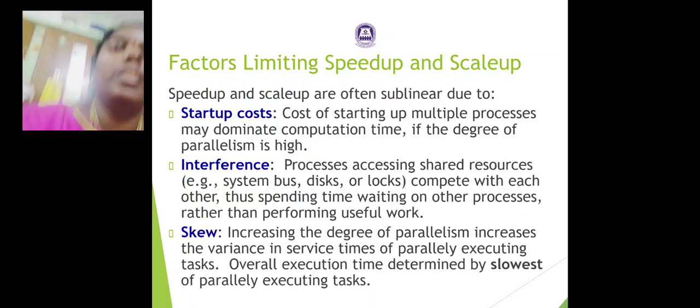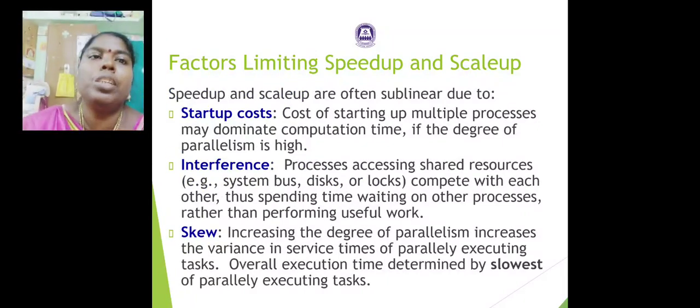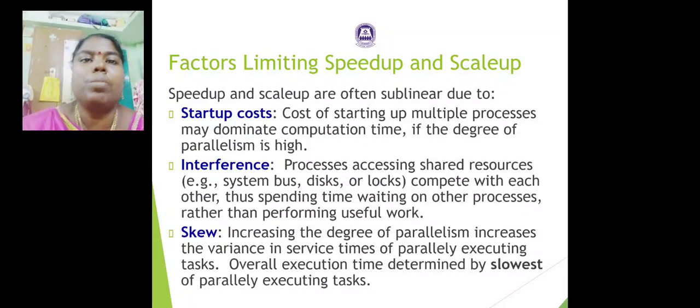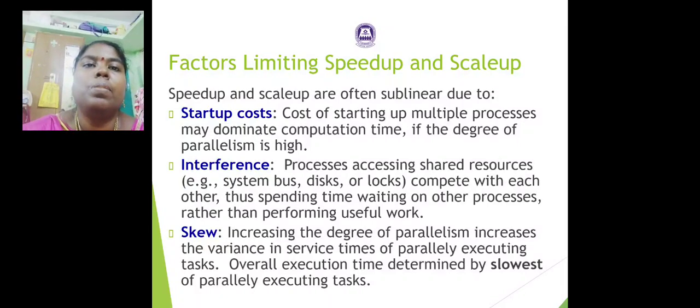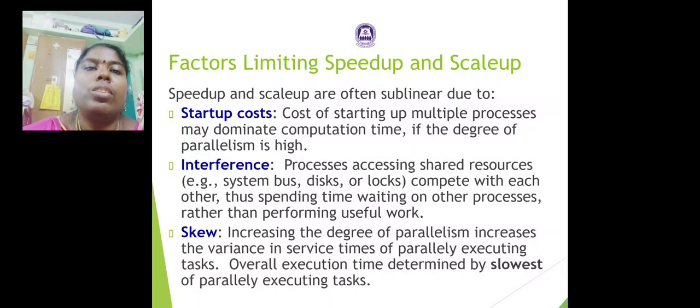Next we have to see the factors limiting speed up and scale up. The main factor is startup cost. Startup cost limits the speed up and scale up, and so does interference. Any interference that occurs also limits them, and so does skew.